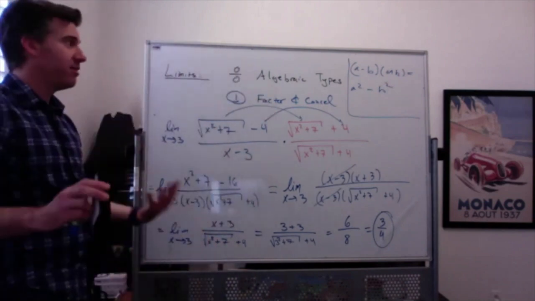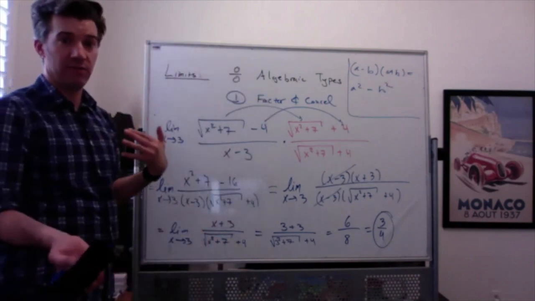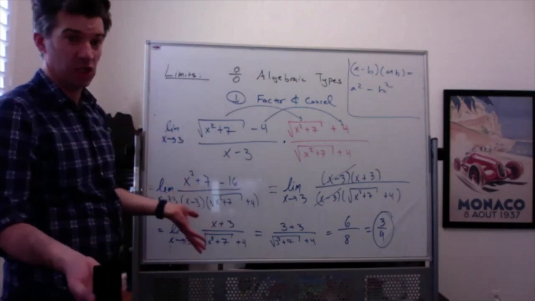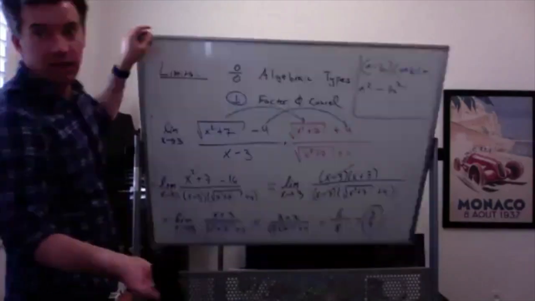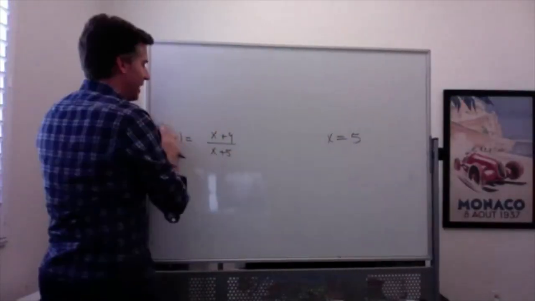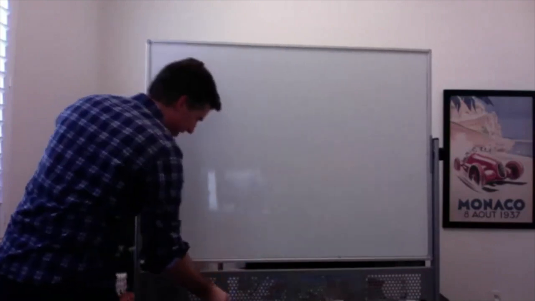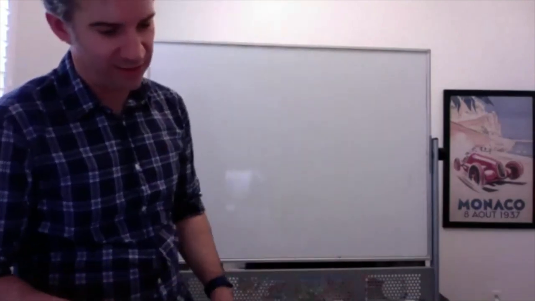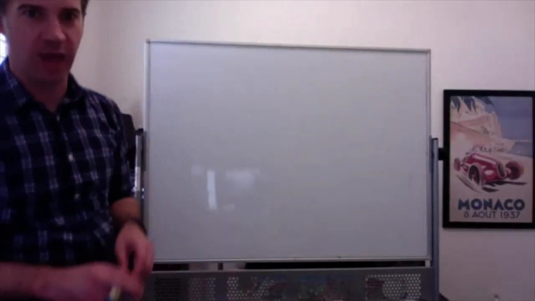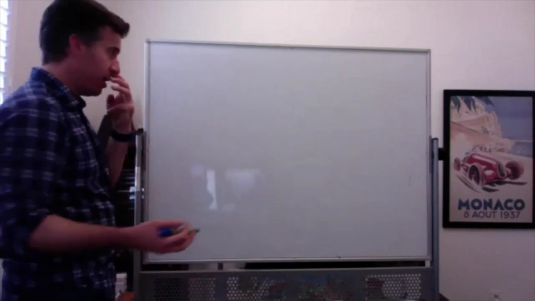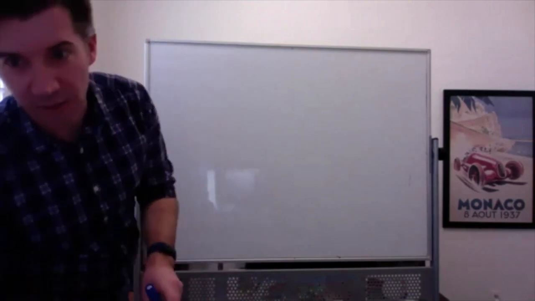Our second algebraic method of tackling a limit is usually to do what's called multiplying by the conjugate. And in fact, things take longer on Zoom. I kind of want to have you guys do one, but no, there's a lot of stuff to talk about. Let's do more examples. Okay, so the third algebraic method is, well, let me grab this here.